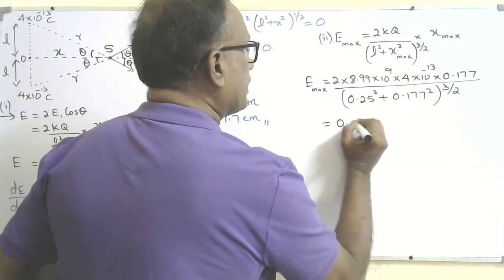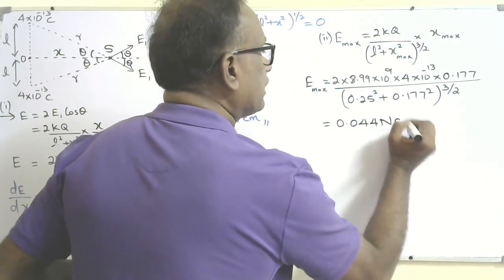Solve it, and you'll get 0.044 newton per coulomb.